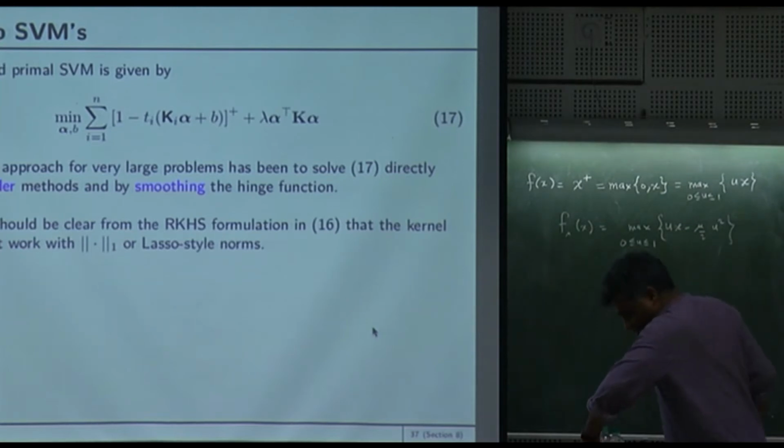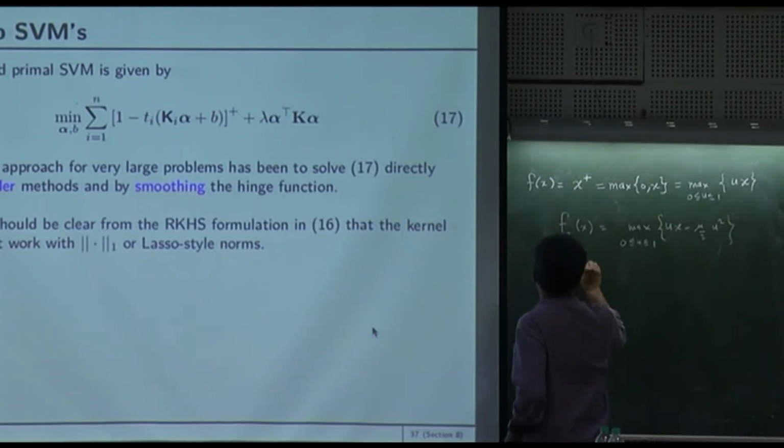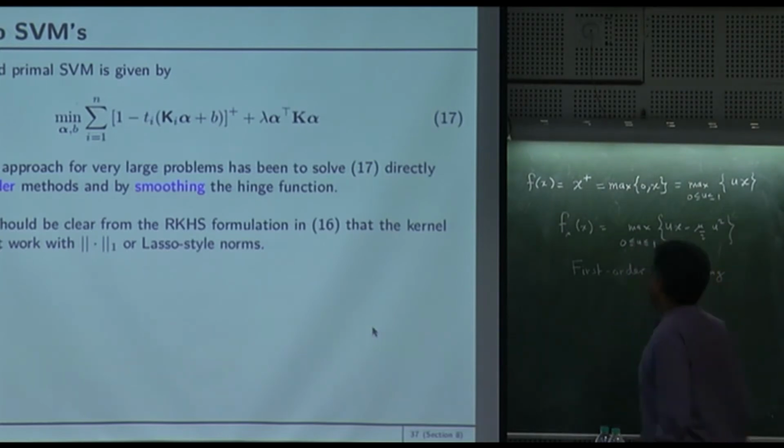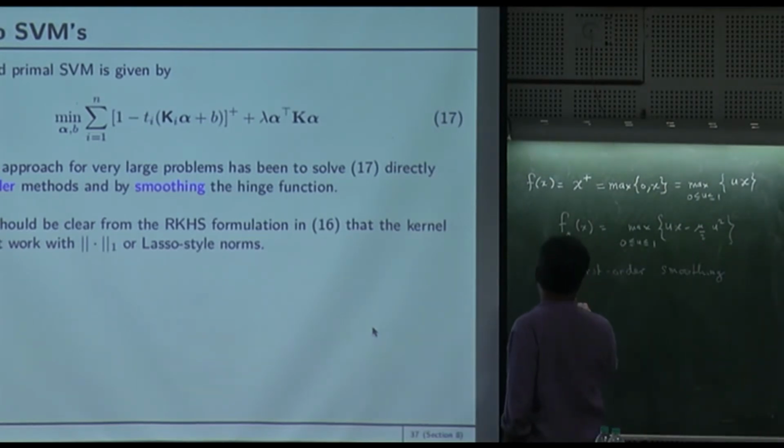This trick is called smoothing. If you go searching for something, you should look for first order smoothing, and you will get a trick like this. Now I can define f mu of x. If I want to define this quantity, I take the derivative inside.